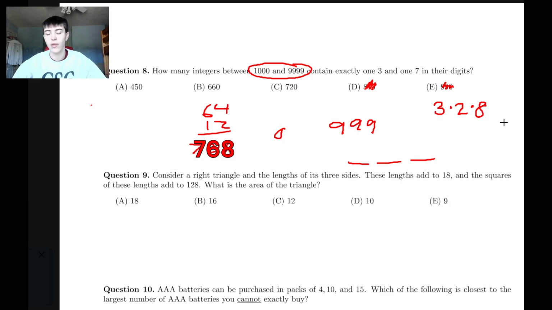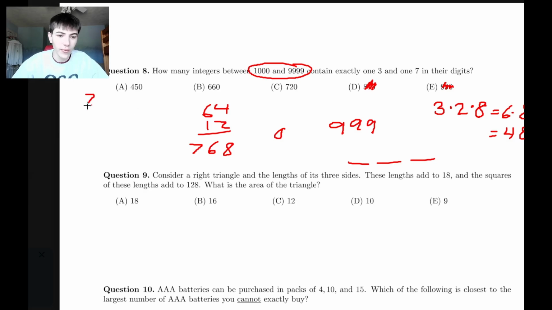And that covers everything from 0 to 999, right? Because it counts when the first digit is 0. 6 times 8, which is 48. So we know we were off by 48, right? We counted 48 too many.